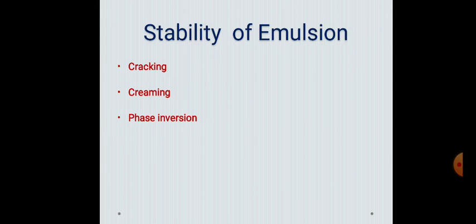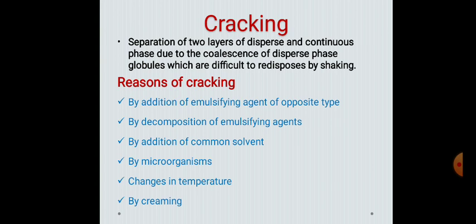There are 3 stability problems found in emulsion: cracking, creaming, and phase inversion. First, cracking. It is nothing but a separation of the 2 layers of dispersed and continuous phase due to coalescence of dispersed phase globules, which are difficult to redisperse by shaking.